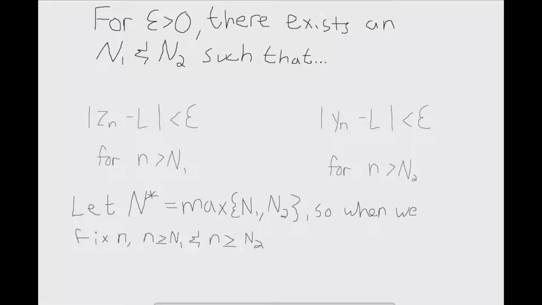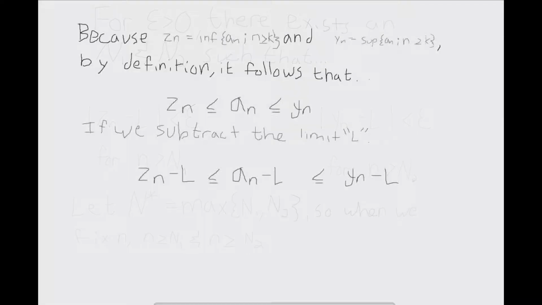Also, it's important to note we should let n star equal the max of n1 and n2, so that when we fix n later on in our proof, little n is greater than n1 and little n is greater than n2.